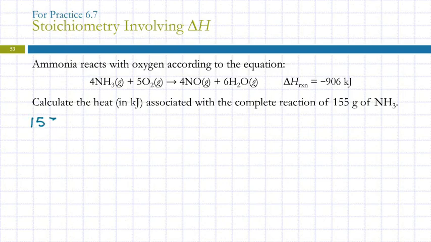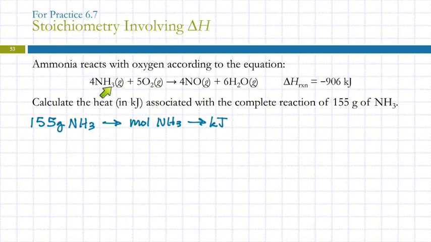So 155 grams of ammonia. What I want to do is convert that into moles because this relates to a molar amount. So what I'm doing here is going from grams of ammonia to moles of ammonia to kilojoules.